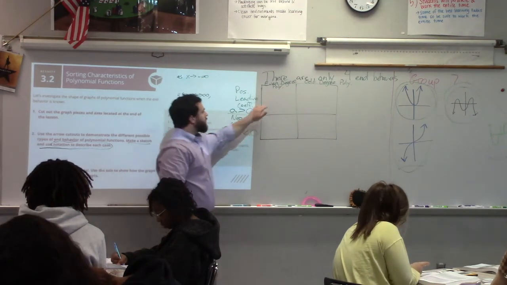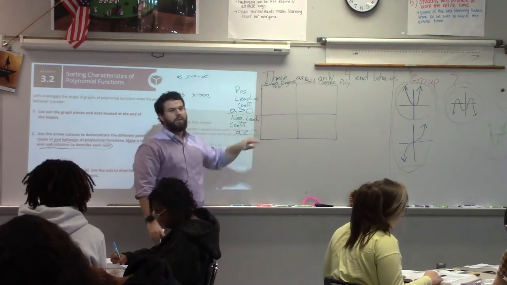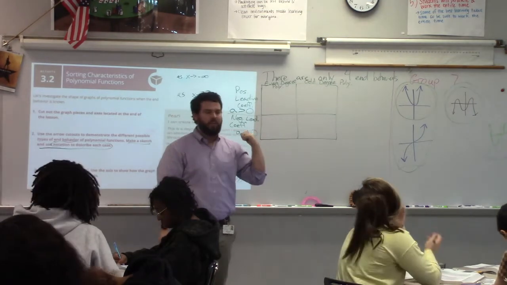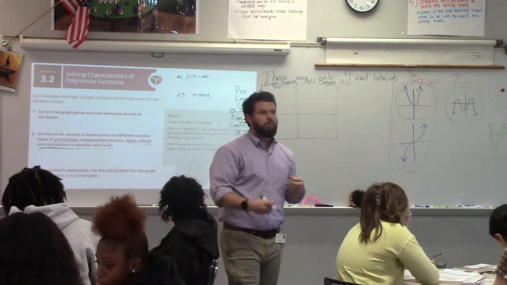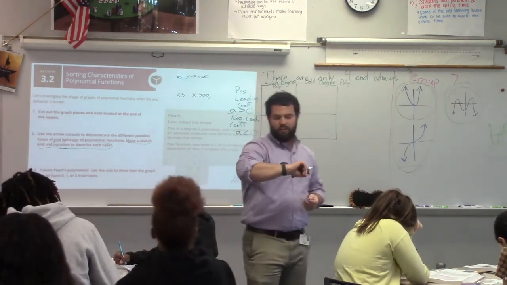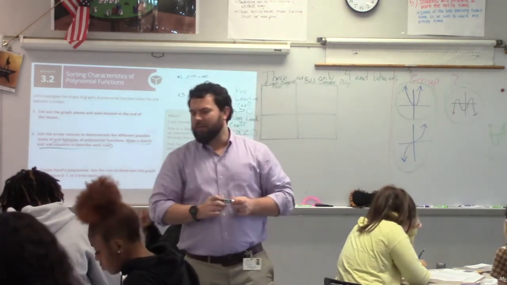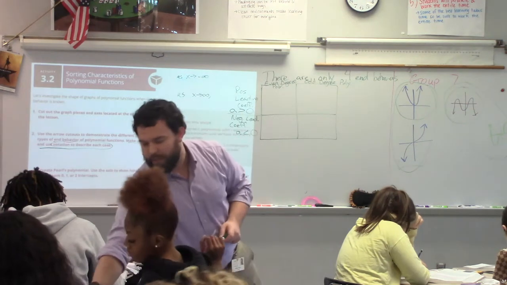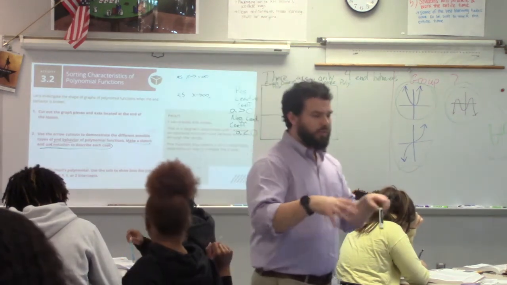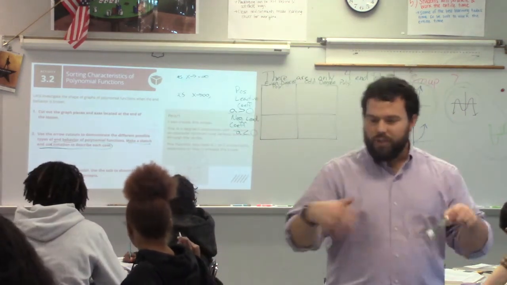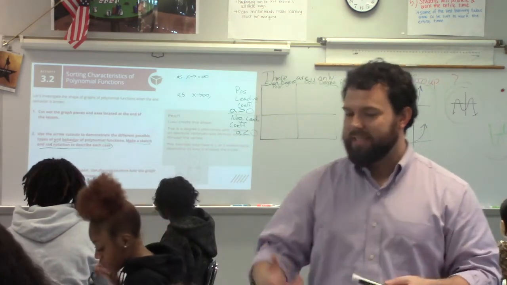So put a sketch of a graph in each of those, and work as a small group to develop that end behavior. I'm going to give you about 4 or 5 minutes to get those sketches in there. And you have a giant space here under number 2. I would use that entire space. The more space you have, the more details you can get in there.